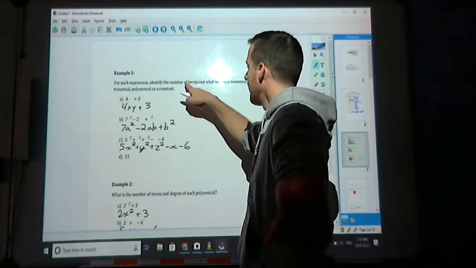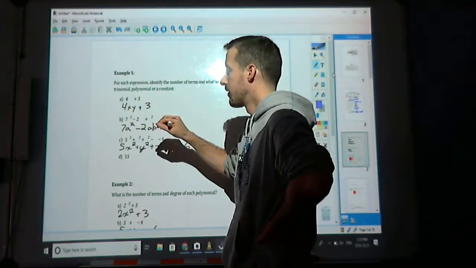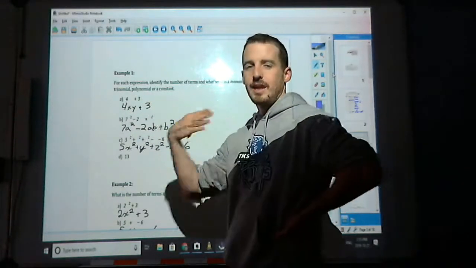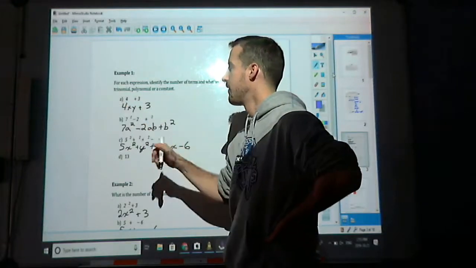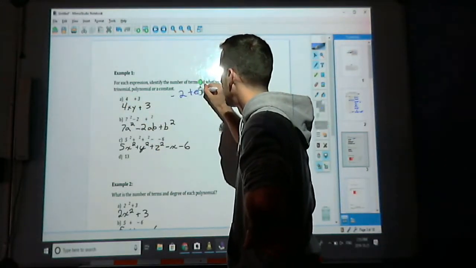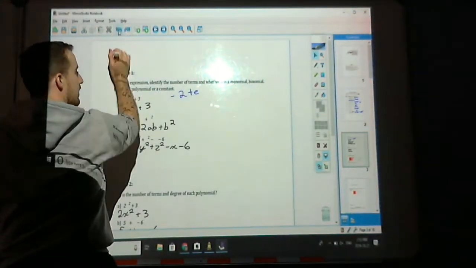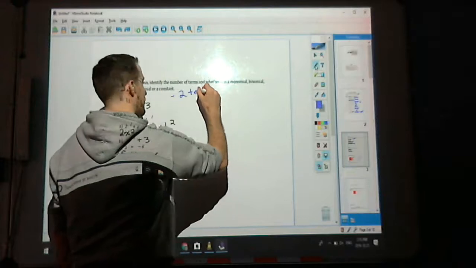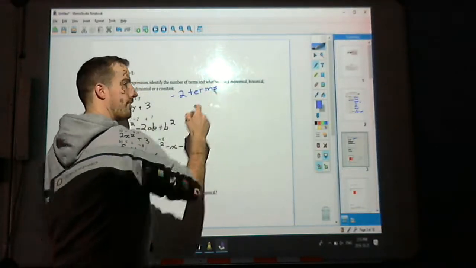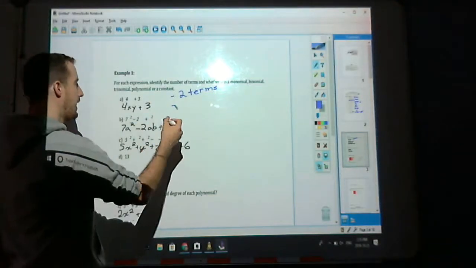So here, how many terms do we have? Well, 1, 2, okay? Even though this is a constant, it counts as a term. It doesn't always have to have a variable. So here we would say 2 terms and then here we have a binomial, right?